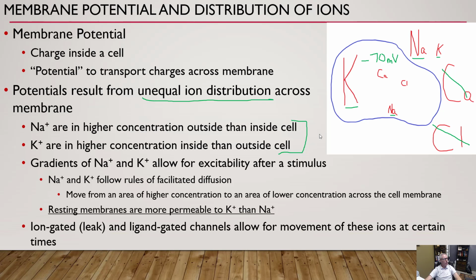All right, so it says gradients of sodium and potassium allow for excitability after a stimulus. Sodium and potassium follow the rules of facilitated diffusion. Remember that facilitated diffusion is a passive process. It doesn't require energy.